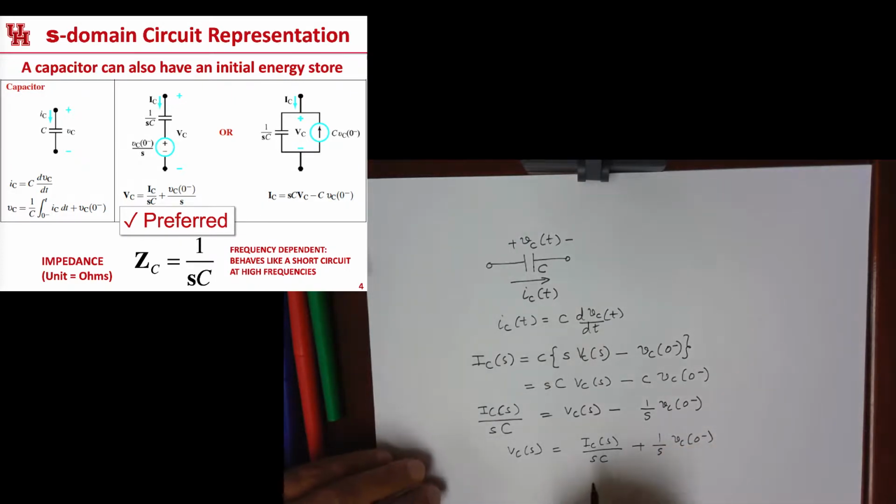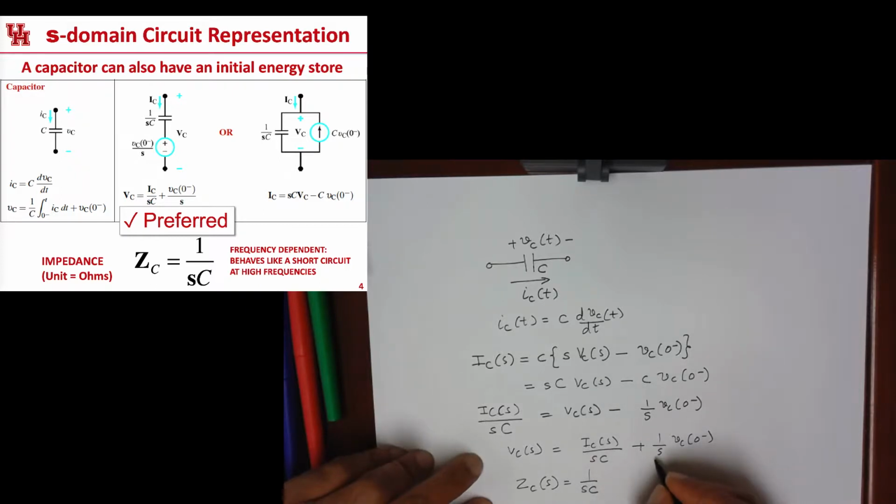So now what that's telling us is that the quantity that's analogous to resistance, called the complex impedance of the capacitor, Z sub S, is this term 1 over SC. And then there is a voltage in series equal to this value that is describing the initial condition.